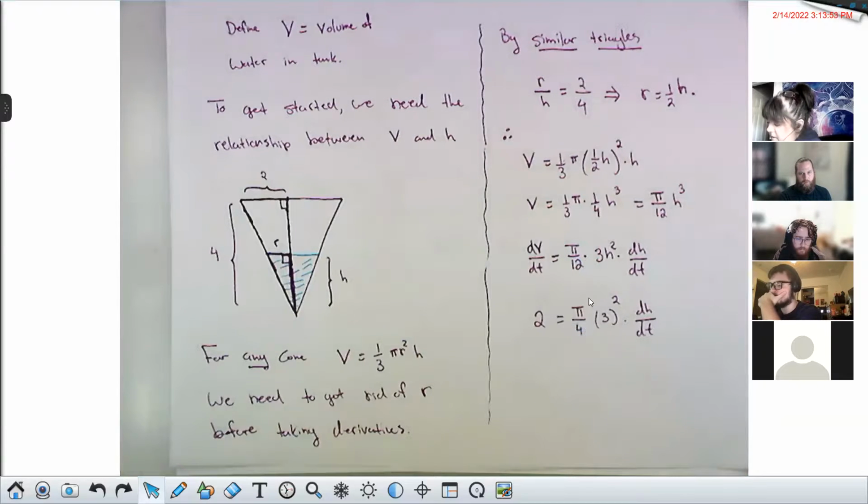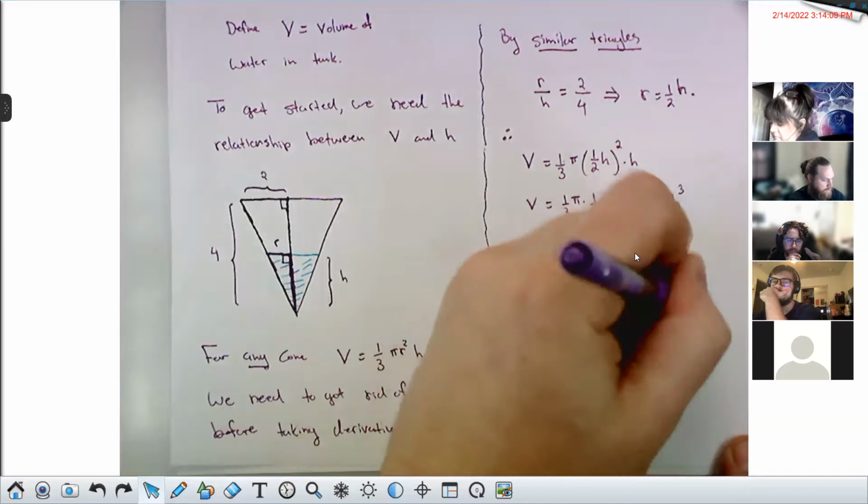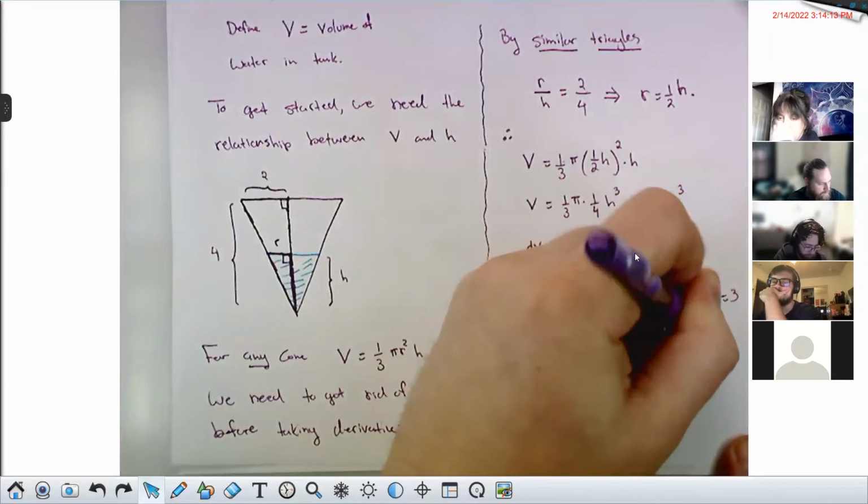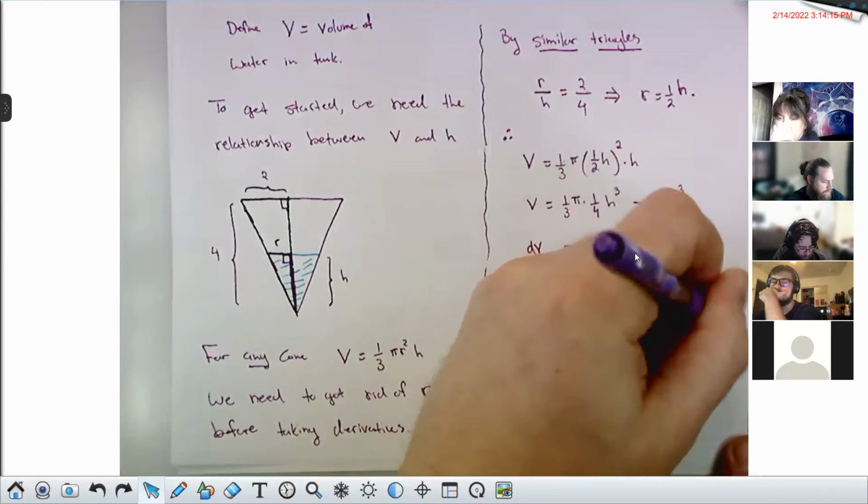That's where this 4 is coming from. The 3 squared in the bottom expression is me just plugging in 3 for h. This is true when h is 3, because dv dt is always 2.